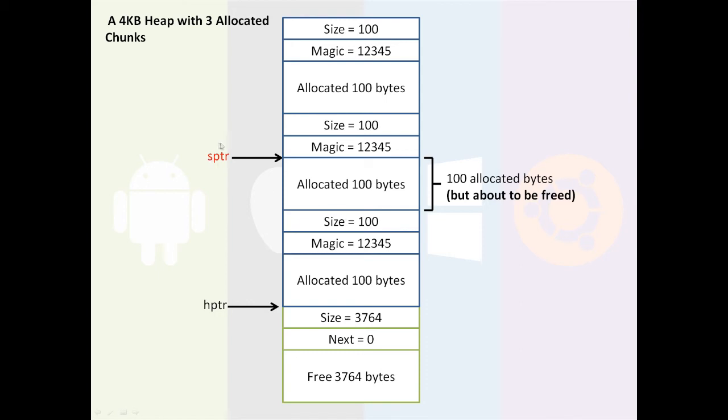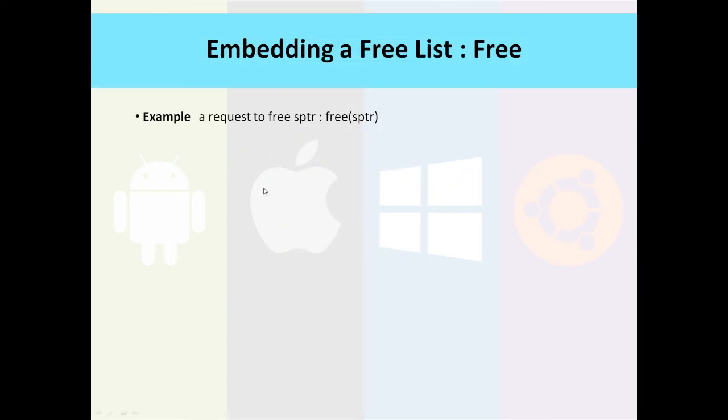Now I'll speak about this S pointer in a little bit, but firstly you've got to note that in this example we're going to be looking at freeing memory. So here's a chunk of 100 bytes that has been allocated, but it is about to be freed. Okay. Now in order to free something, we utilize the free method, or like a free library.